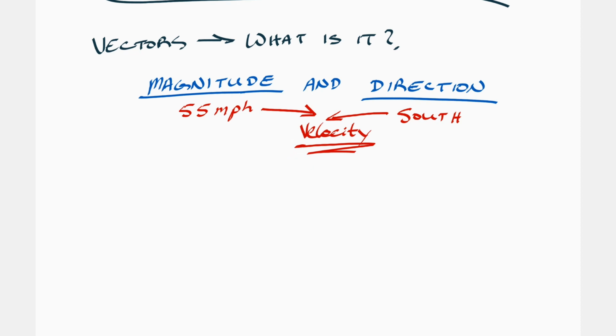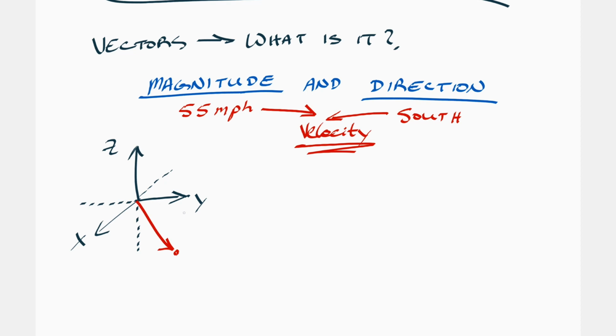And physics cares a lot about which direction things are going. So if we're in three-dimensional space and you've got the x direction, y direction, and the z direction, x, y, and z in three-dimensional space, then it really matters if somebody is going, let's just say that this is the velocity vector that somebody's going at.